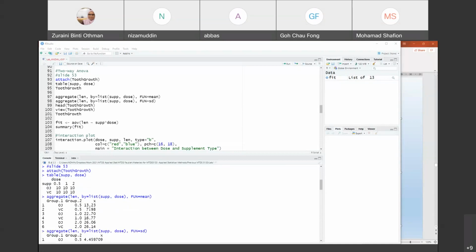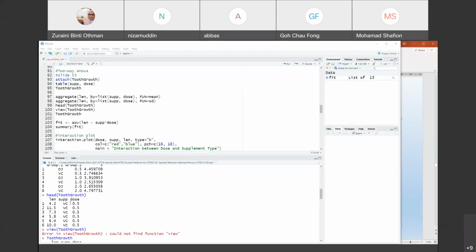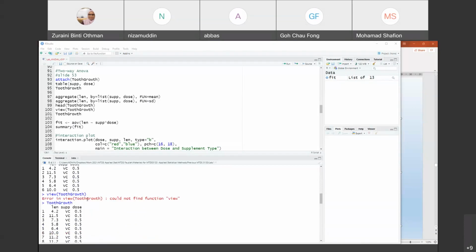This is the aggregate, where we find the mean and the standard deviation of our data, and the ANOVA table provided by summary just now indicates that both main factors, supplement and dose, and the interaction between these factors are significant.